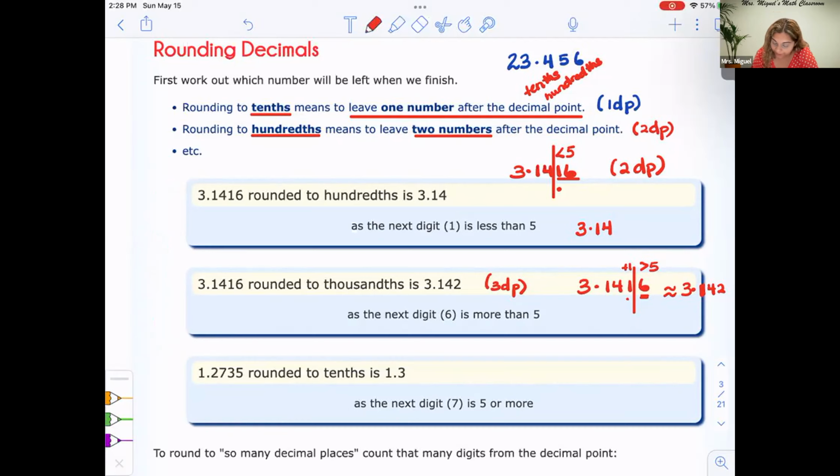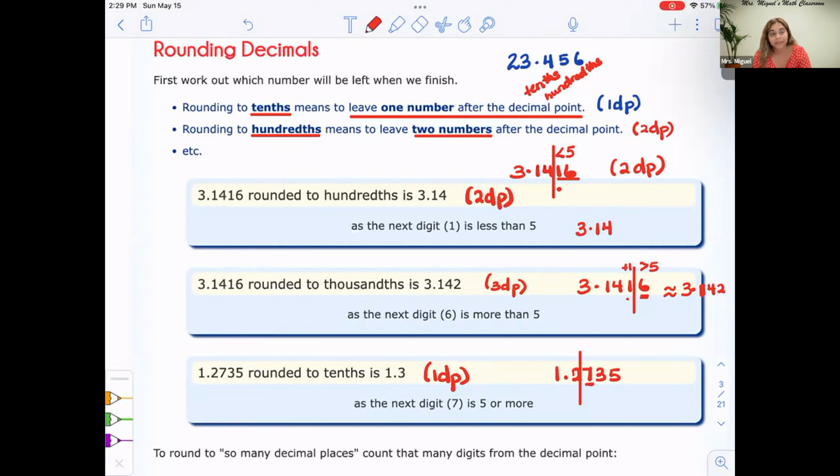The next one, so we did 2 decimal places. We did 3, let us do 1, because we know that tenths is the number after the decimal point. So let's write this number. I want it to 1 decimal place. This is my cutoff. This digit here is my deciding factor.